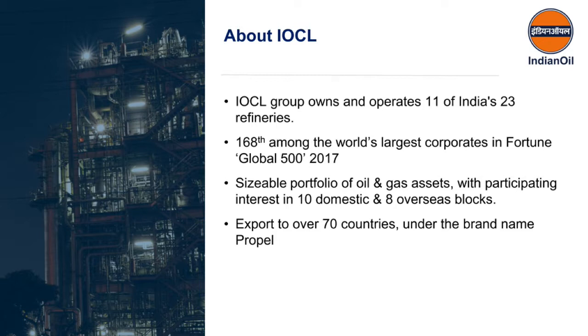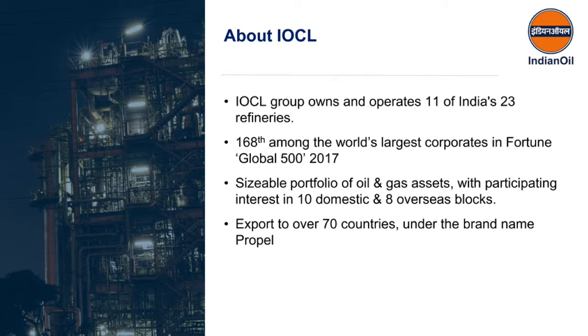The IOCL group owns and operates 11 of India's 23 refineries. We have led the industry in keeping its commitment to supply cleaner, 100% BS4 compliant automotive fuels across the country from 1st of April 2017. We have built a sizable portfolio of oil and gas assets with participating interest in 10 domestic and 8 overseas blocks.